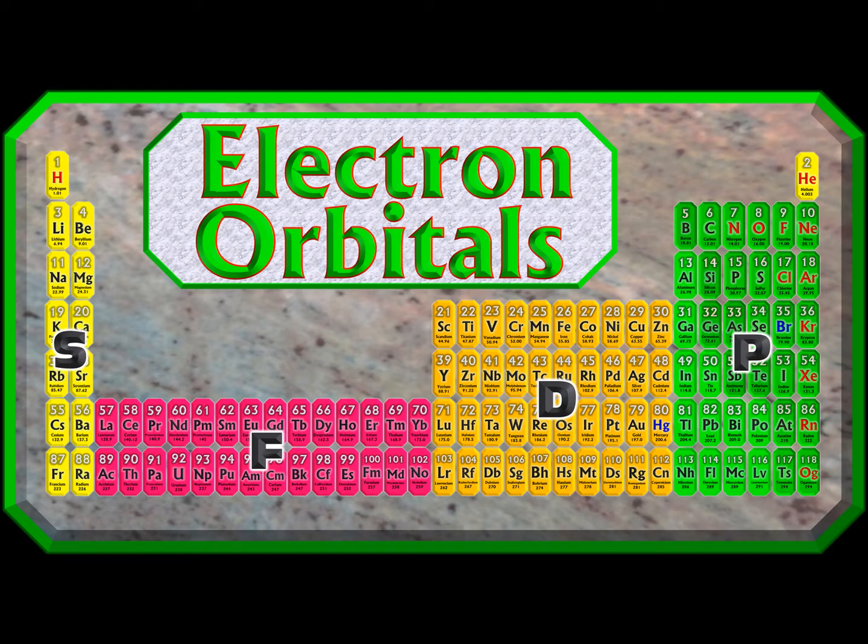So the electron orbitals are parts of the atomic structure that we are going to learn about. So even not knowing what they even are, you can sort of see where the s orbital is being filled just by the s block, where the f orbital is being filled by the f block, where the d orbital is being filled by the d block, and where the p orbital is being filled by the p block.